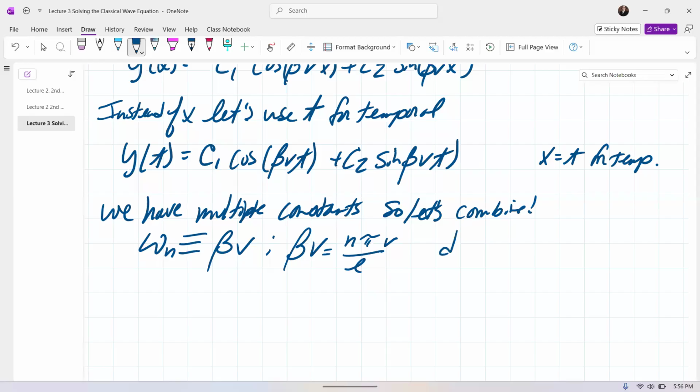This was from the definition above. This one is the definition, and then this was the position from above when we solved the other equation.